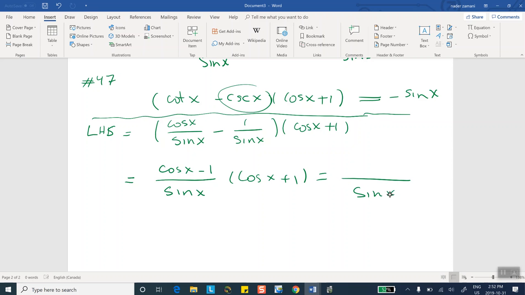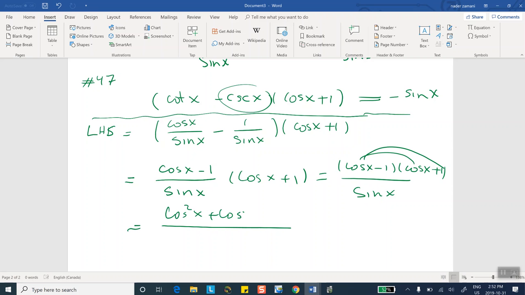Sine of x in the bottom. We have cos x minus 1 times cos x plus 1. If you FOIL it, you get cosine squared x plus cosine of x minus cosine of x minus 1 over sine of x. These two cancel each other out.